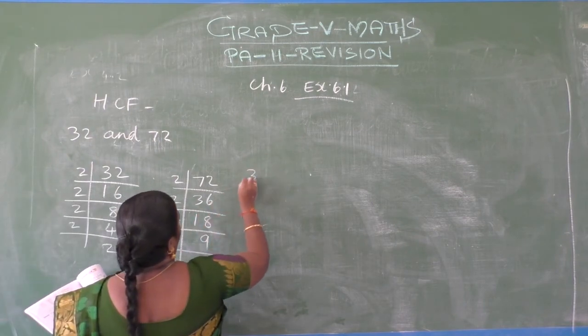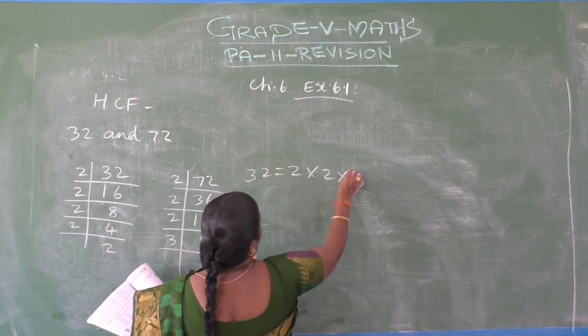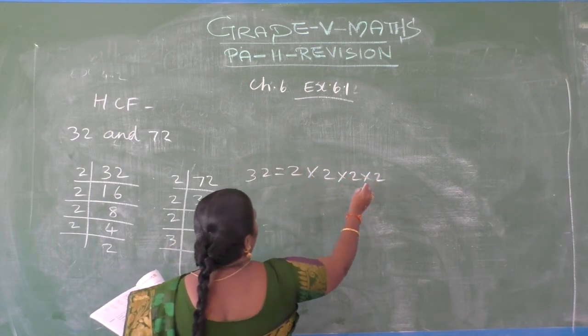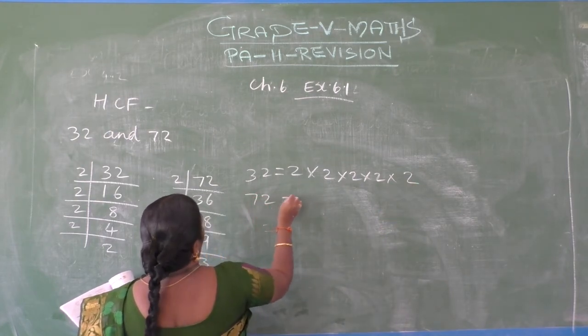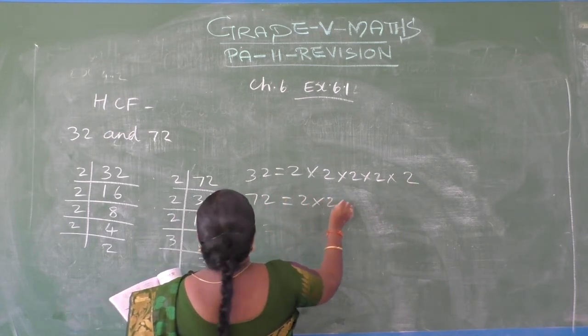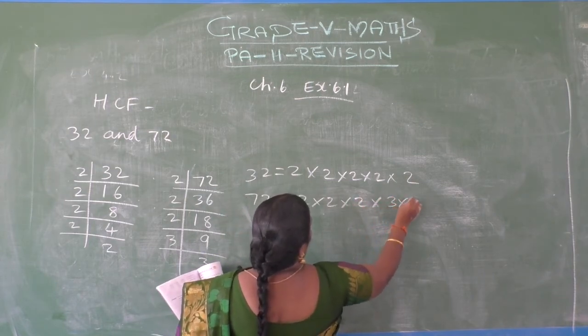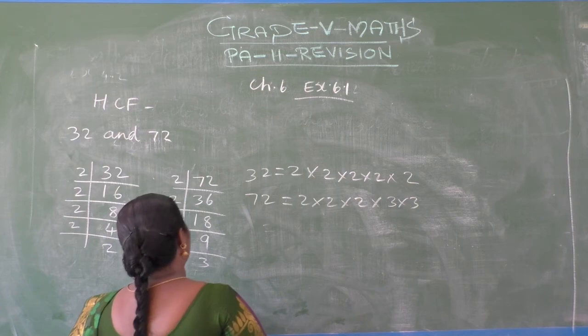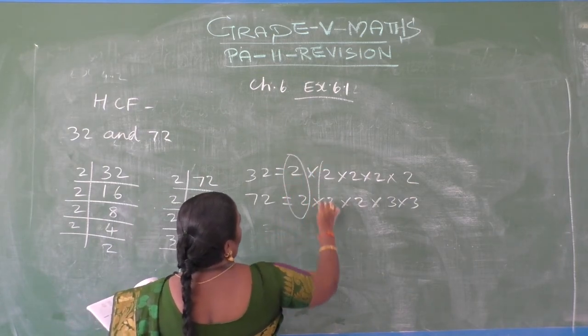Then 32 equals 2 into 2 into 2 into 2 into 2. Is it or not? Likewise, 72 equals 2 into 2 into 2 into 3 into 3. Then you have to circle the common numbers, pairs of numbers.